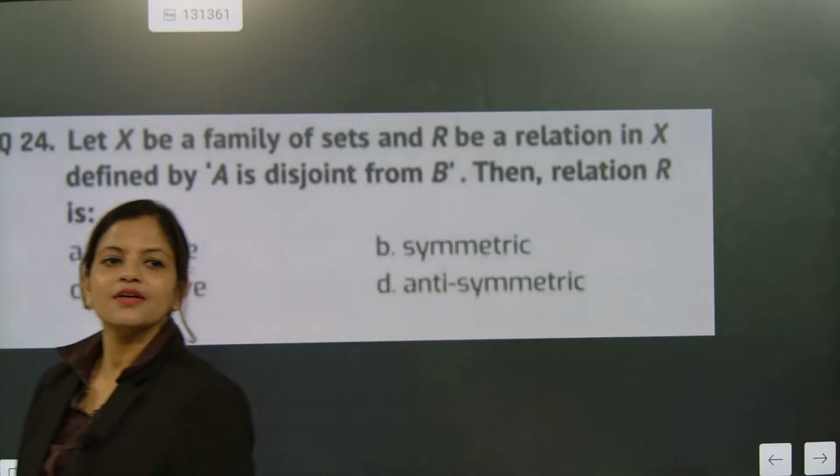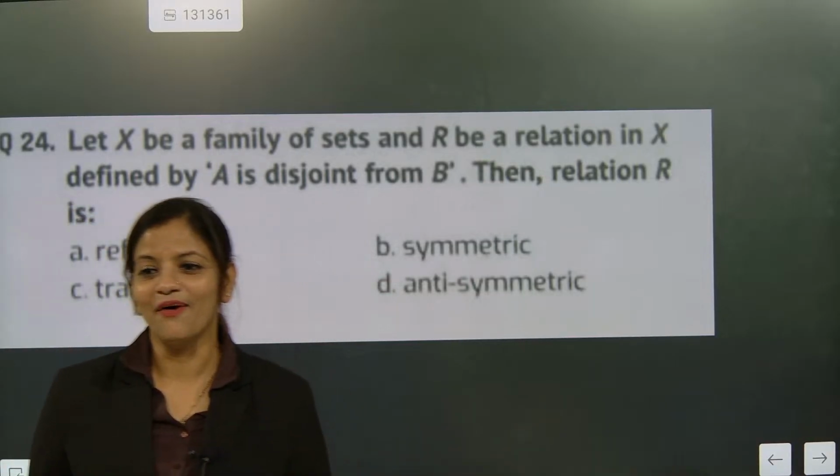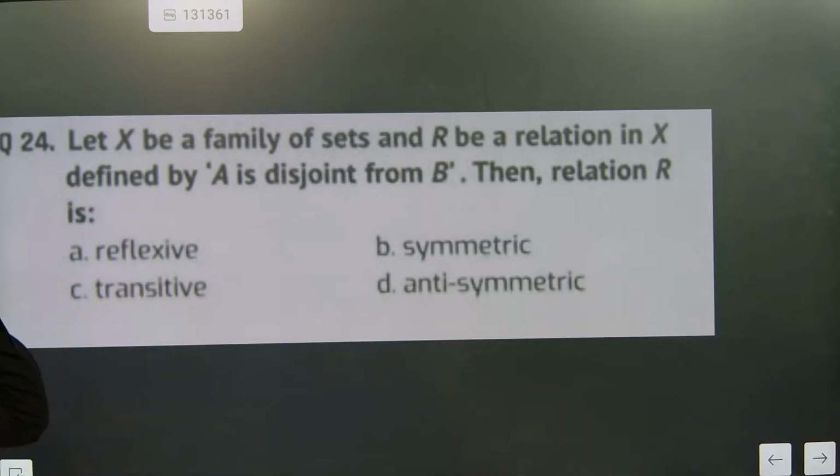One student has sent one answer and proudly asks, I am correct, I am correct. No, another person. See, listen. Please understand one thing. 10th standard students are also there.